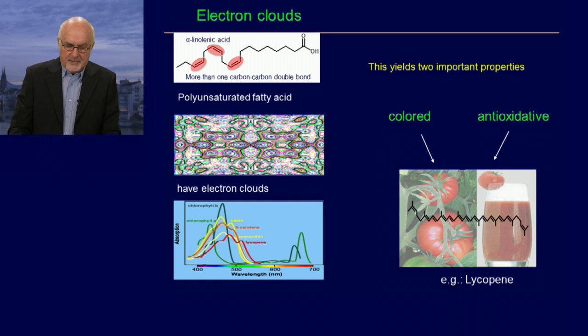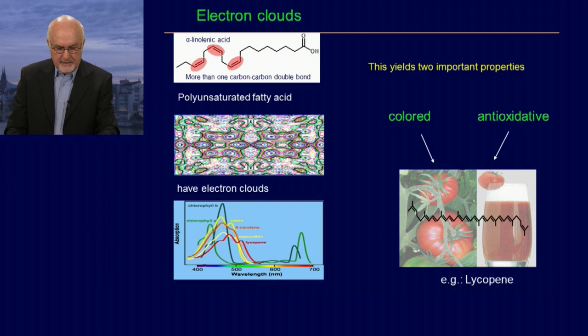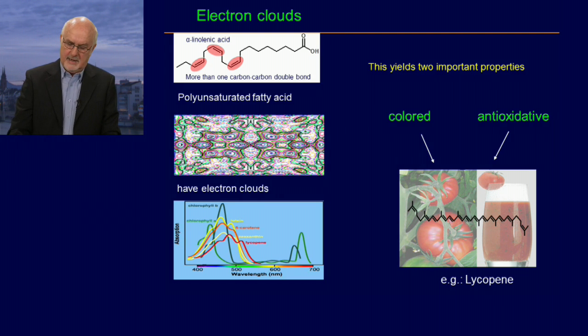One is these molecules absorb in a whole range of the light spectrum. I would like to explain this with lycopene in the tomato. Lycopene, the red drawing here, absorbs light in the blue and in the green area, but not in the red area. This gives the very nice red color to the tomato.